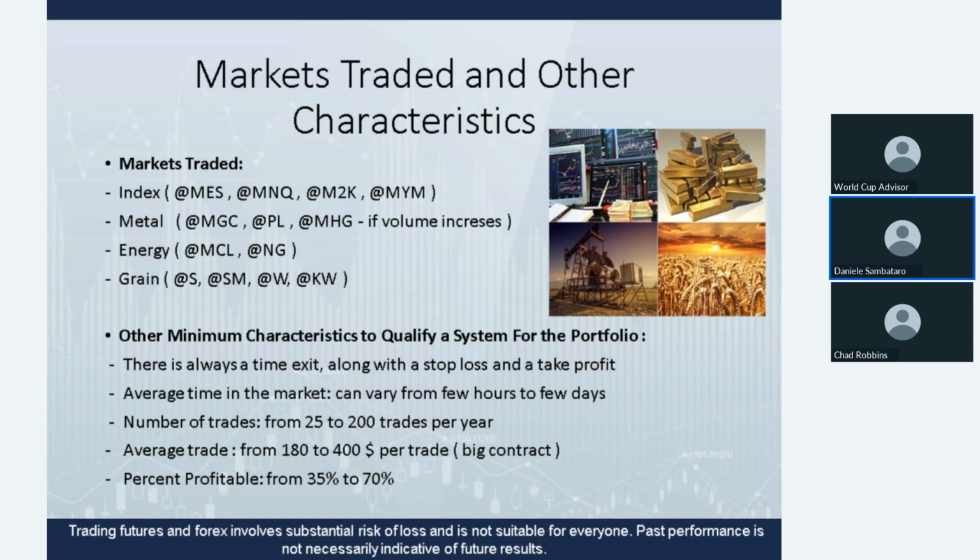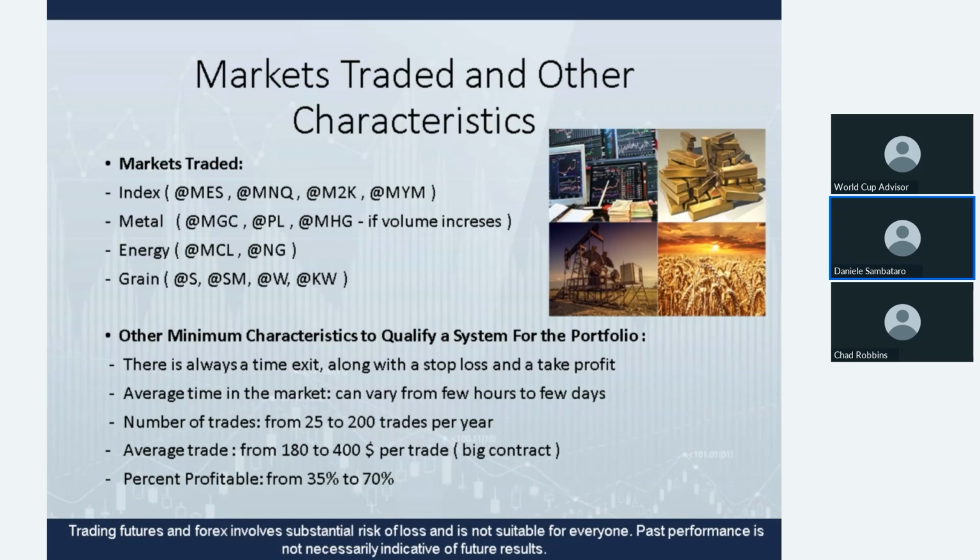To conclude on this part on trading systems, here I summarize all the other characteristics of my systems, and in particular, there is always a time exit along with a stop loss and a take profit. So we know before we enter which is the maximum risk, the maximum profit, and the maximum time we will stay in the market with each trading system.